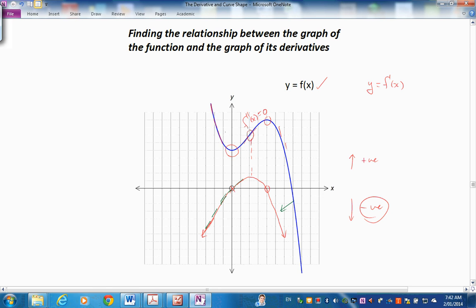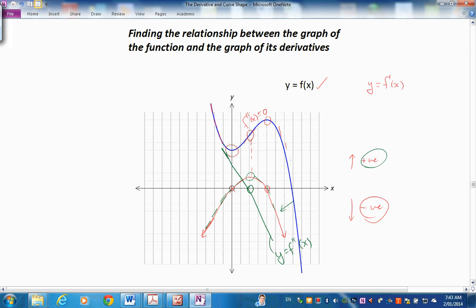So we're going to start up here somewhere with positive tangents, positive because above the x-axis is positive. Now, there's a stationary point there, so its derivative is going to be 0. So that's going to go to there, and then here the tangents get negative. So that's going to look simply like that. It's a straight line. Not very well done. So this is y equals f double dash x. Do you get it? Pretty hard stuff, isn't it?